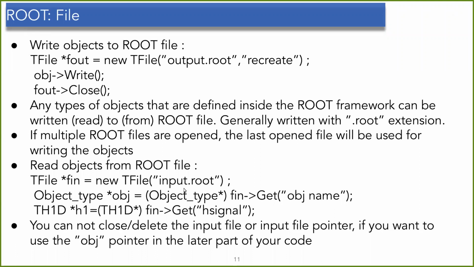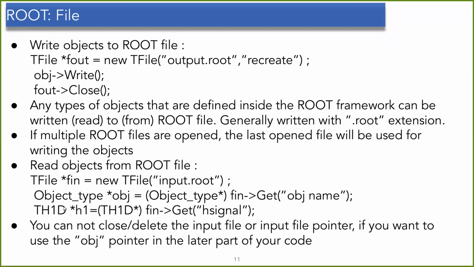For example, if you have a root file, say input.root, where you have various TObjects saved, like one dimensional histograms, two dimensional histograms, and so on, you can directly access those histograms from this root file. For that, you just need to define a TFile pointer, that's the fin, and then you can directly get any of the objects of this root file by just using the command Get.